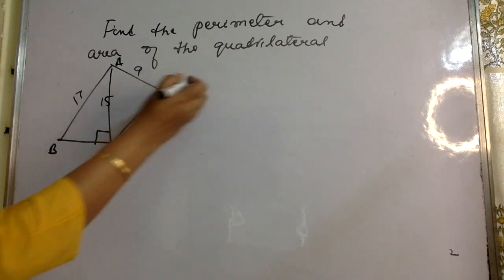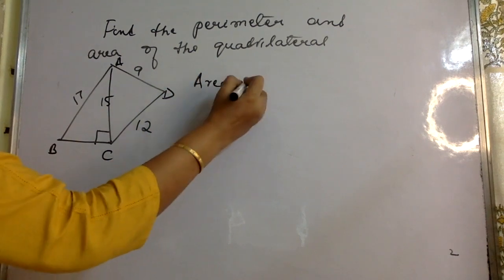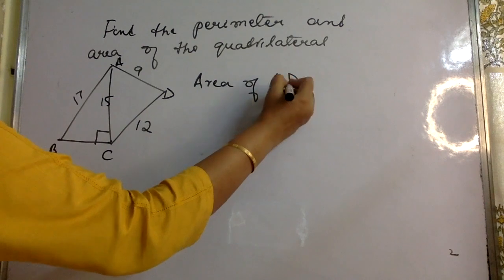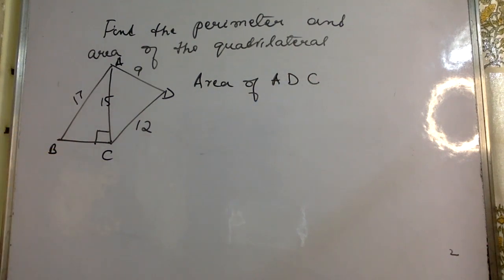Now first, the area of the first triangle, that is, the area of ADC. How much is the area of triangle ADC? When I start finding the area of this, I note one thing.